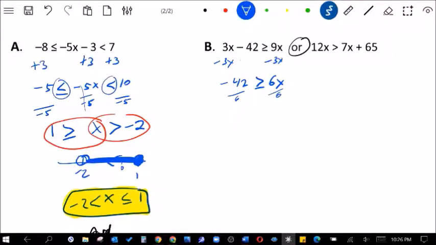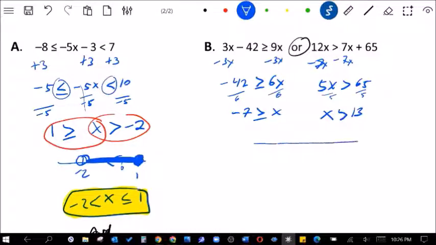And that gives me -7 greater than or equal to x. And on the other side, the other one, well, let's see, let's subtract 7x here. And that's 5x greater than 65. And then divide that by 5, and we have that x is greater than 13.